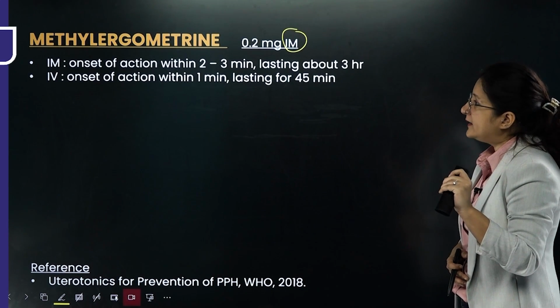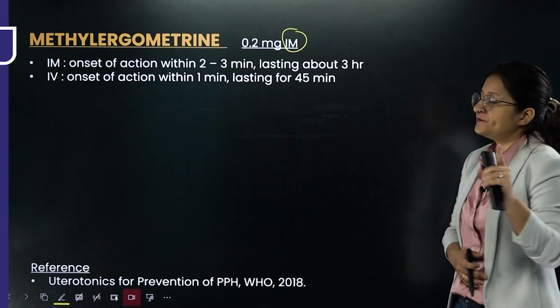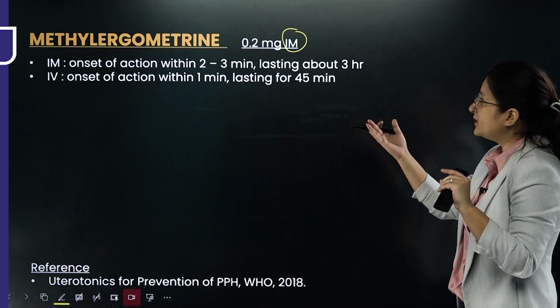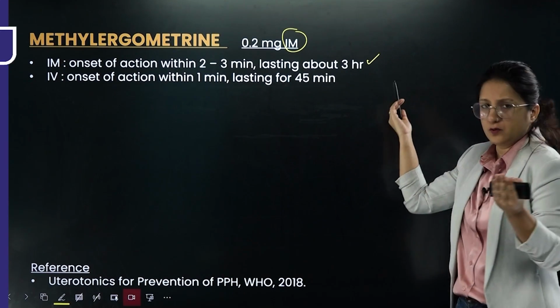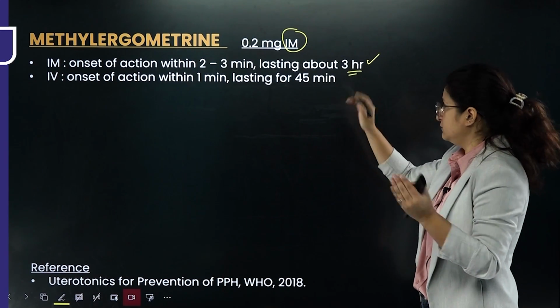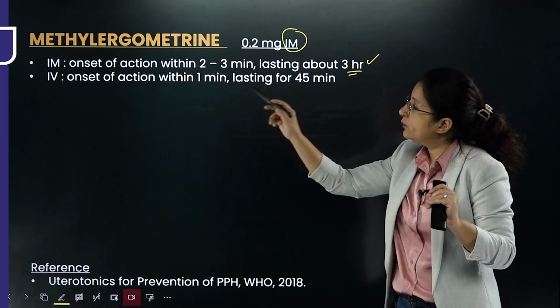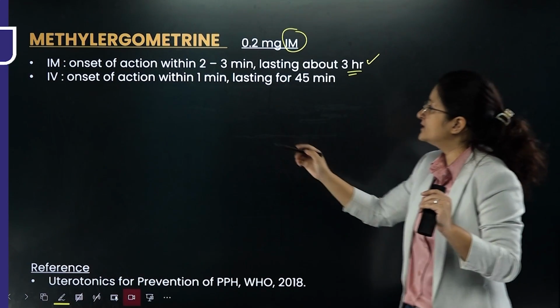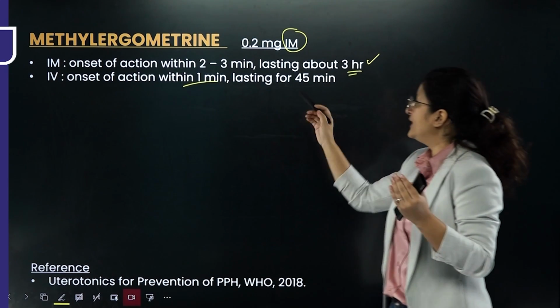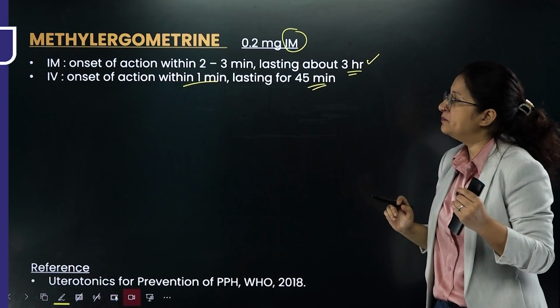Okay. Now, with IM, the onset of action occurs within 2 to 3 minutes, lasts for about 3 hours. So, we get a longer duration of action. With IV, the onset of action is within a minute and lasting for about 45 minutes, right?